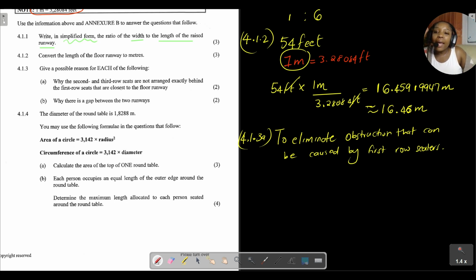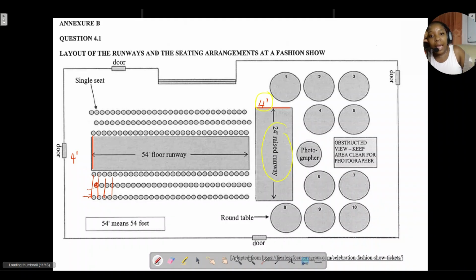Question B: why there is a gap between the two runways. What is this gap for? You can see that between these two runways there's a gap. What I'm thinking is that there's probably a gap so that people can move easily.